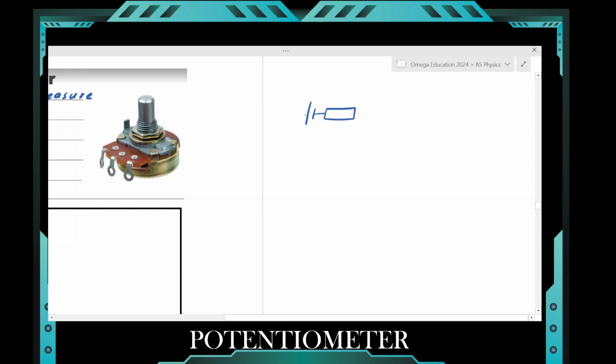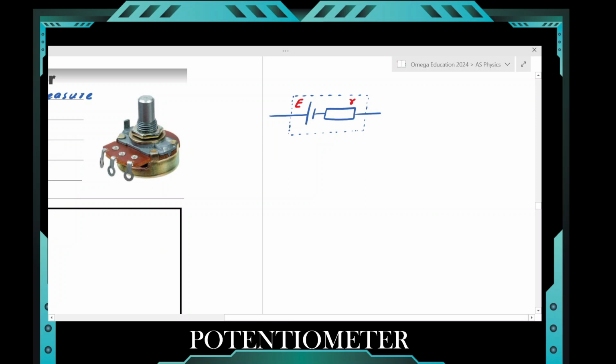This collectively is your battery that has some internal resistance as well. So let's say this is the EMF of the battery, and there is the internal resistance of the battery as well, which is r.